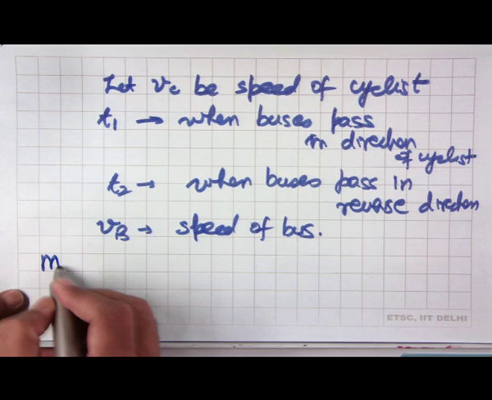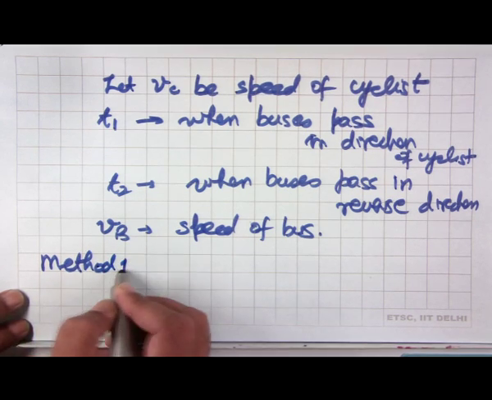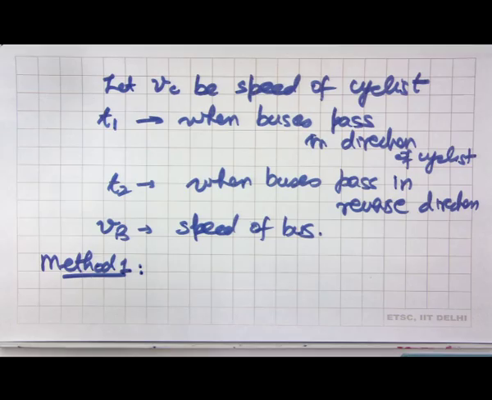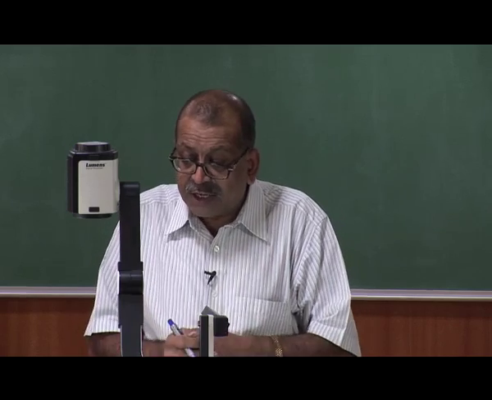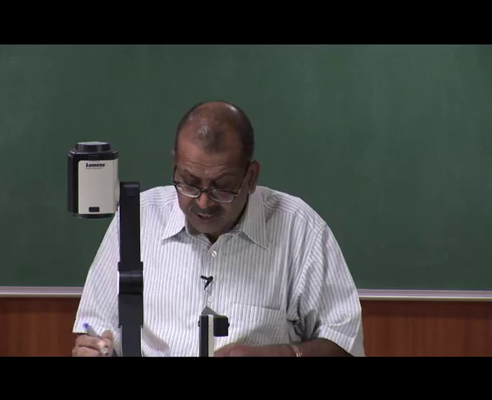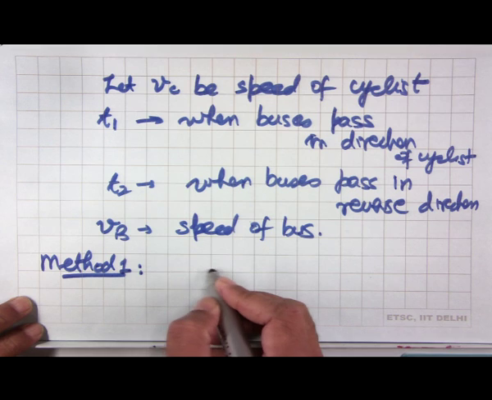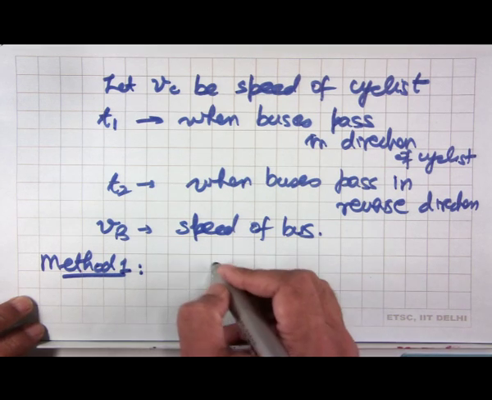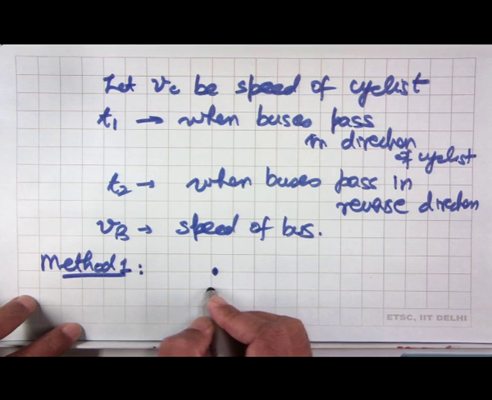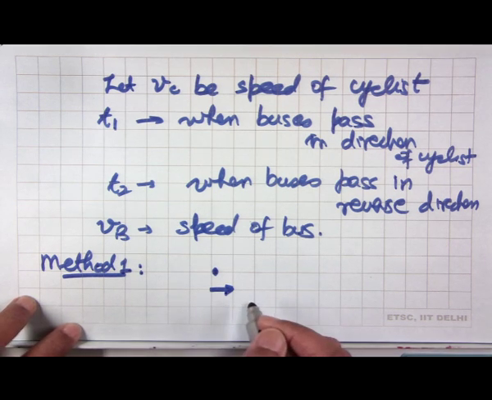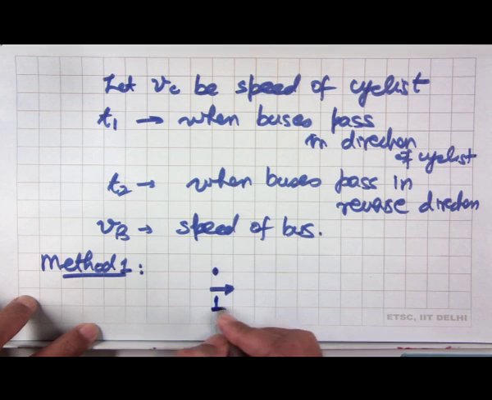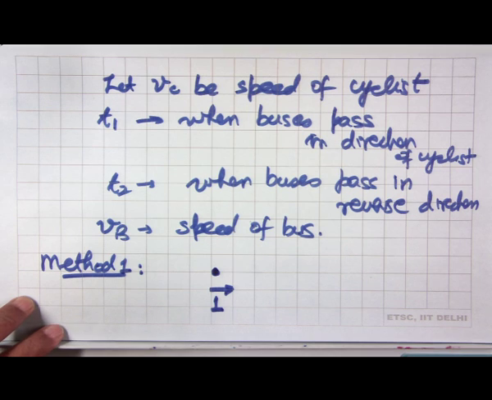We use method 1, where we will analyze everything in a fixed frame of reference. So, let us say the cyclist is at some position and one bus passes him. Bus number 1 passes him at t equal to 0.